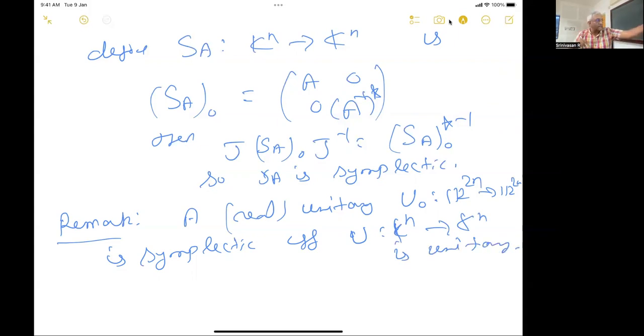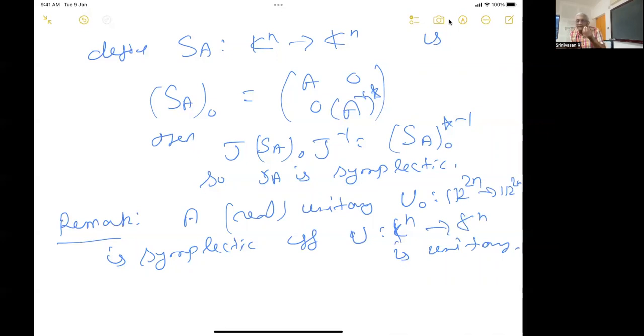So one way is clear. Suppose it is a real unitary and is also symplectic, that means it preserves the imaginary part also. It's already preserving the real part. So it becomes a complex unitary.